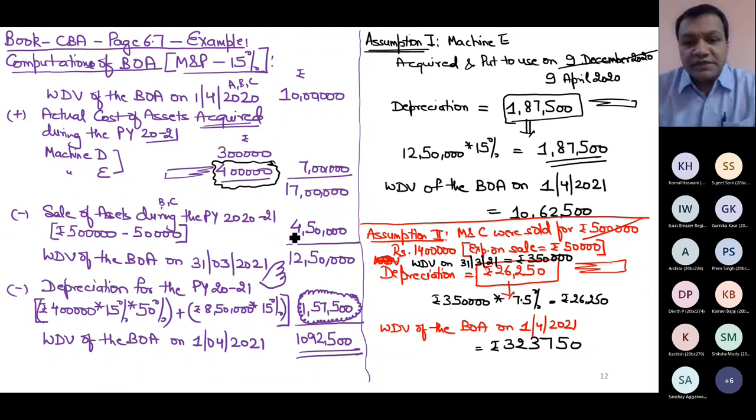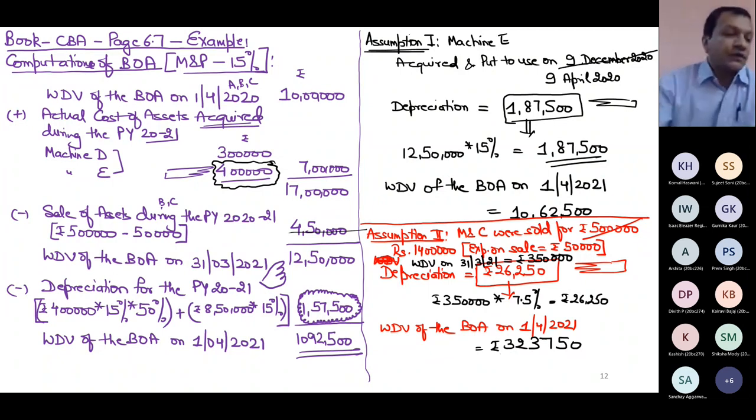Okay, because we will change this value. This value became 13 lakh 50. Closing WDV will change, and the effect will be on the next year WDV. It will be 323,750. Please raise your hand if you have understood this point without any doubt. You must try to understand it carefully.